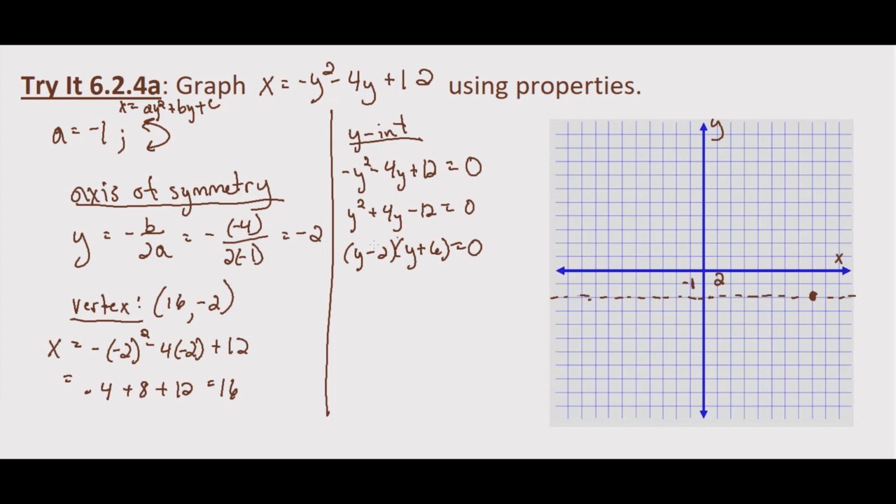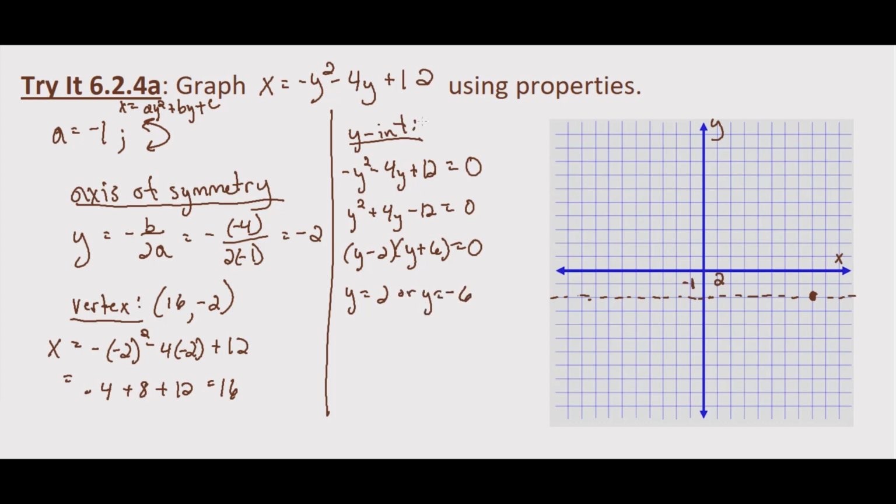Let's multiply back through to make sure that works. Y times y is y squared. 6 times y is 6y. Minus 2 times y is minus 2y, so that leaves us with 4y. And then -2 times 6 is -12. So that means that y equals 2 or y equals -6.